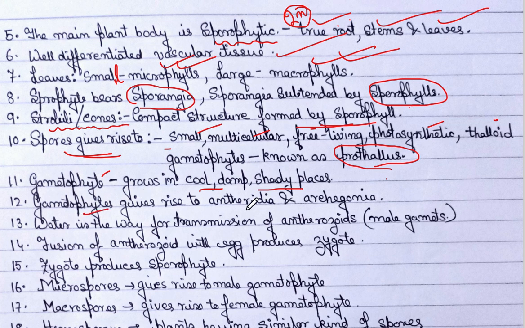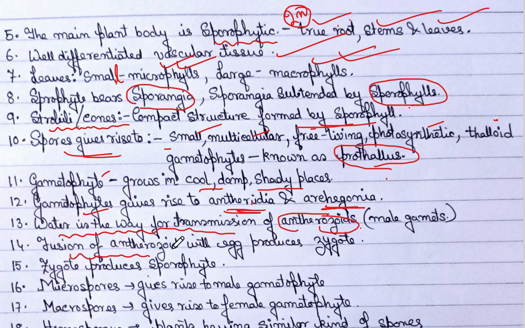And the gametophyte gives rise to the male sex organ antheridia and the female sex organ archegonia. Antheridia produce antherozoids, which are male gametes that require water for their transmission, or the better word is dispersal.